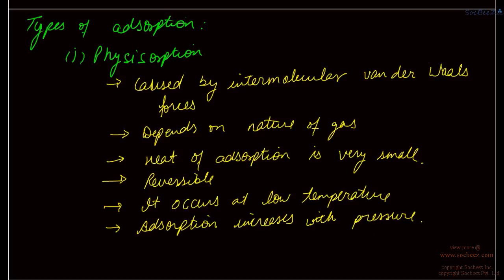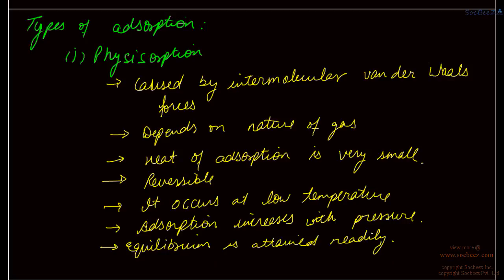Since adsorption is reversible, there should be an equilibrium, and since the heat of adsorption is very small, very fast equilibrium will be attained as soon as the physical adsorption starts.